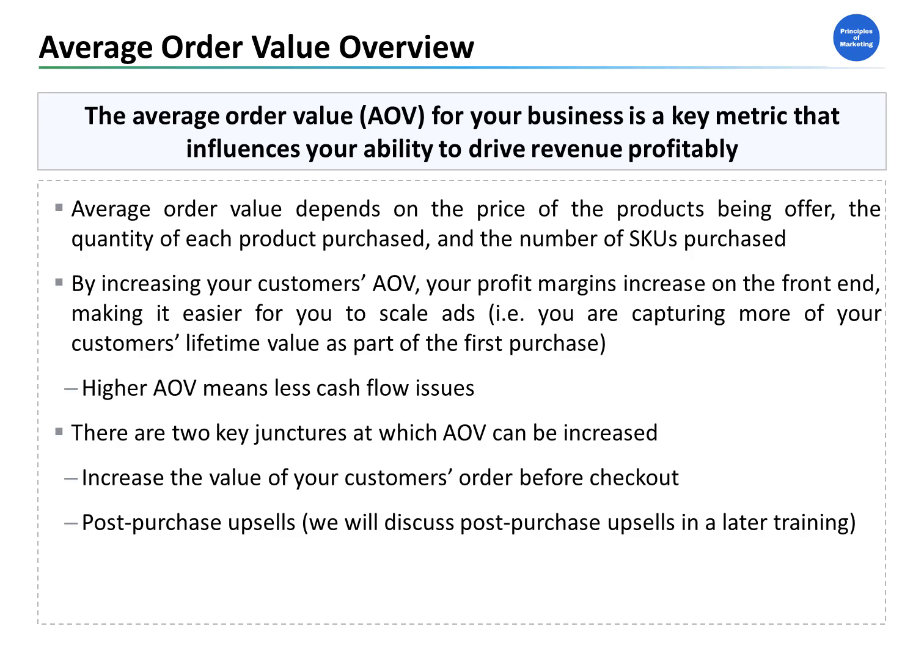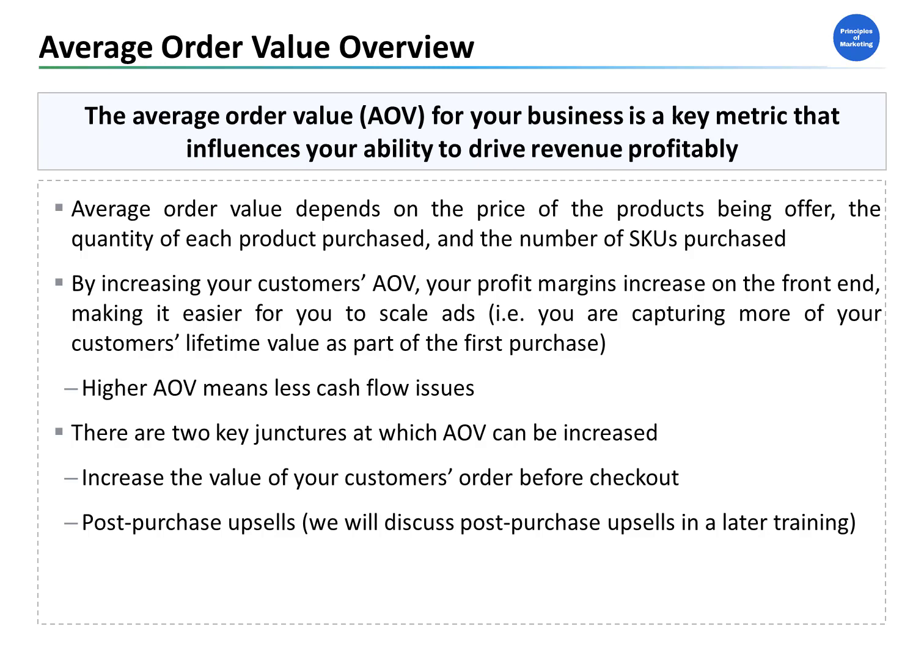Now, there are two key points at which AOV can be increased. Either you can do it before checkout, basically get your customers to add more to their cart before they actually purchase, or present your customers with post-purchase upsells. Basically, after they've entered their credit card information in and placed the order, before they are led to a thank you page, they're provided with an opportunity to buy more.